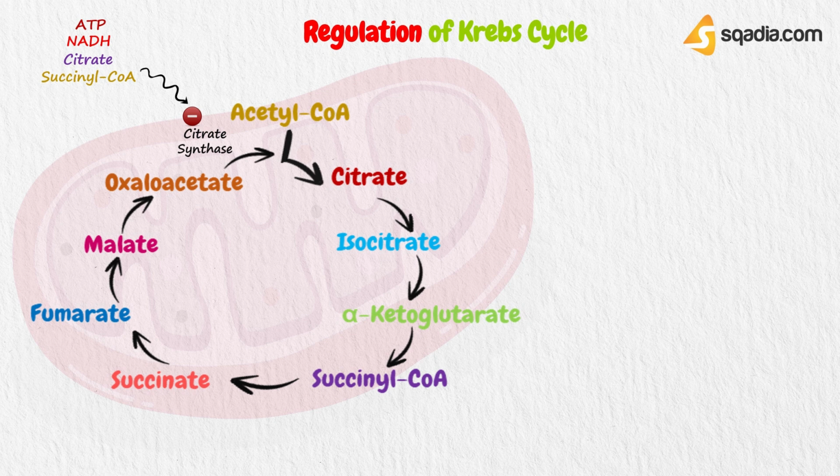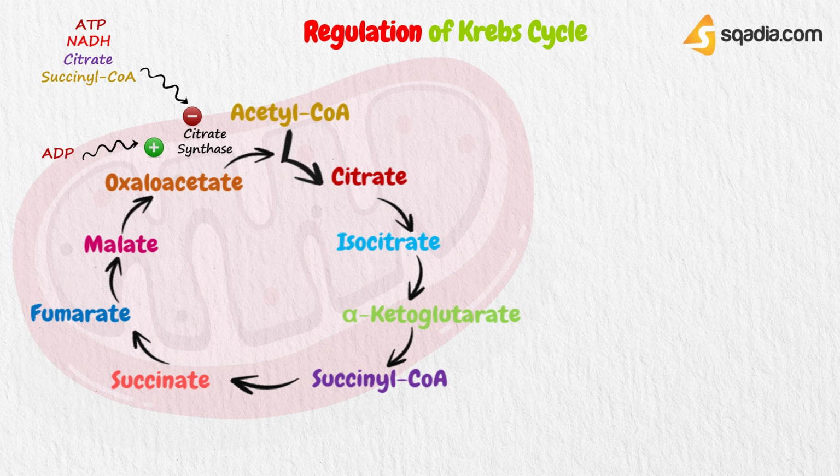Because when there is sufficient ATP, no more ATP is required by the body, so it gives inhibiting signals, similar in the case of NADH, succinyl coenzyme A, and citrate. They also give inhibiting signals. But its activator is ADP, because ADP needs to convert to ATP, so it gives signals of activation.